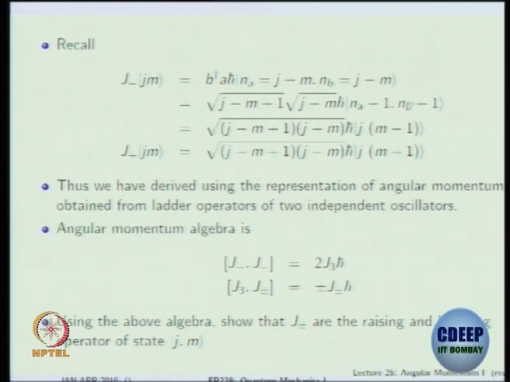Okay, so just to summarize, we have derived, using a representation of angular momentum obtained using two independent oscillators, and the main aim was to keep in mind the angular momentum algebra generated out of them. That is, they have to satisfy this.